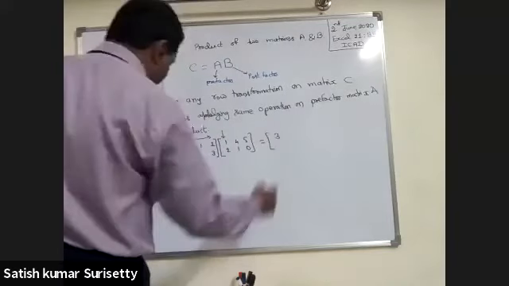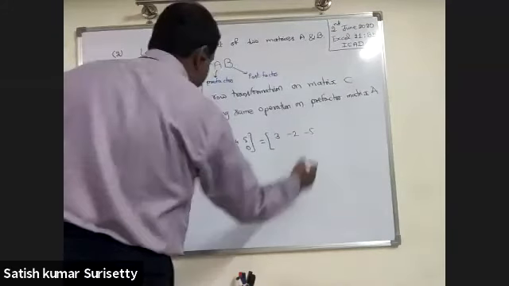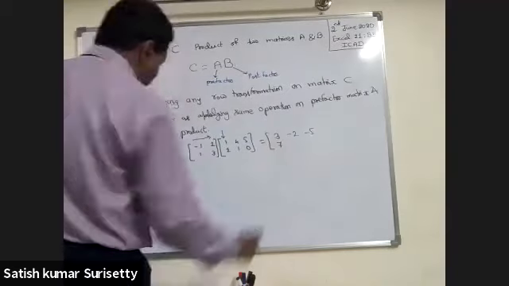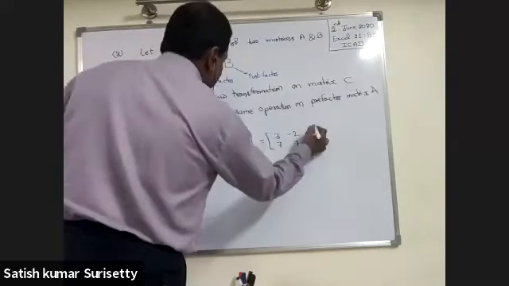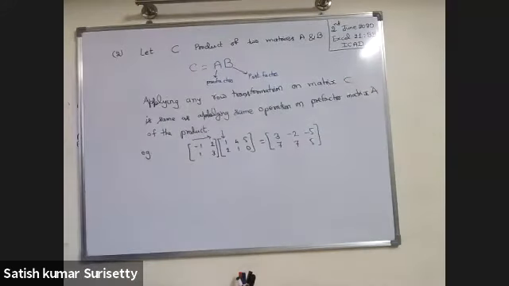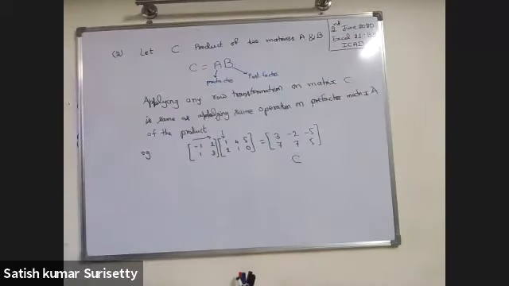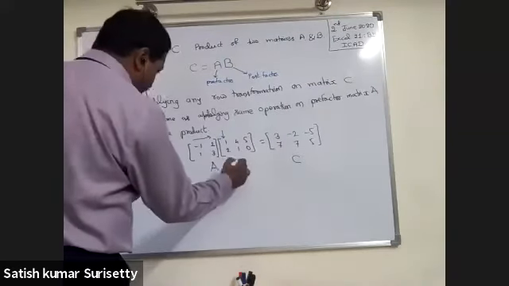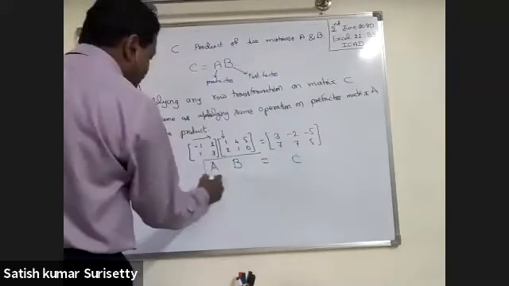First row: 3, minus 2, minus 5. Second row: 7, 7, 5. Now observe the statement. Here the matrix C is 3 minus 2 minus 5, 7, 7, 5, matrix A is a 2 by 2 matrix, and matrix B is a 2 by 3 matrix. So this is our matrix equation.